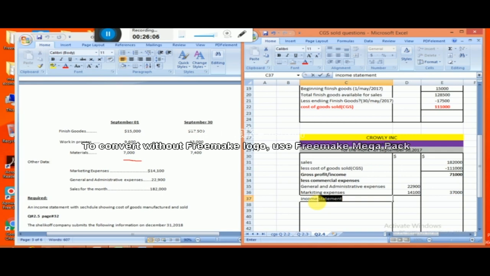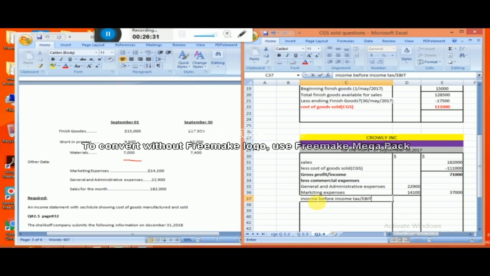This is also called operating income, where income taxes are not yet included in this amount. This is also called EBIT, earnings before interest and taxes.